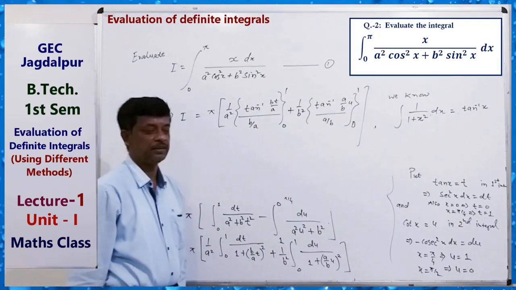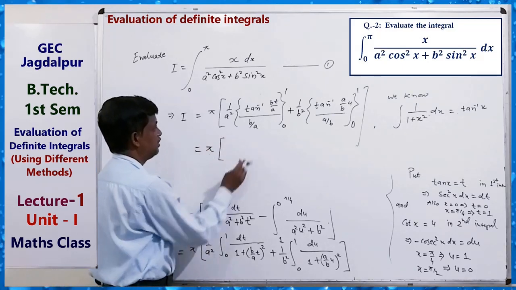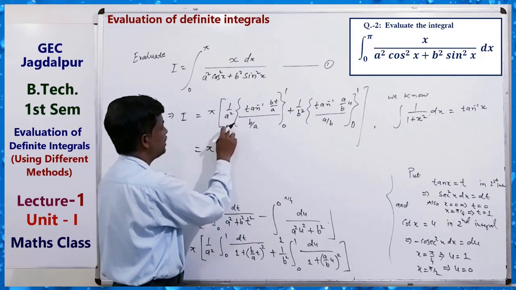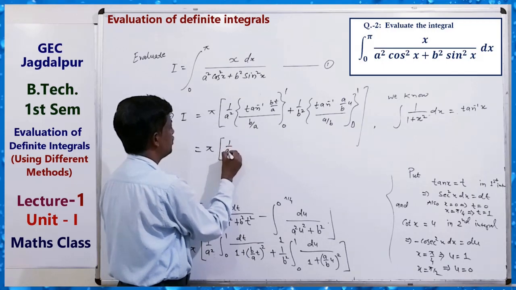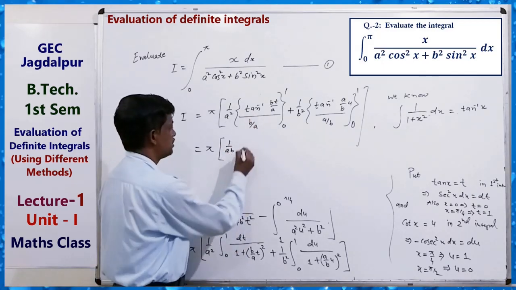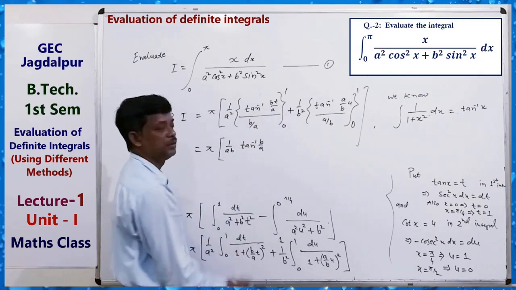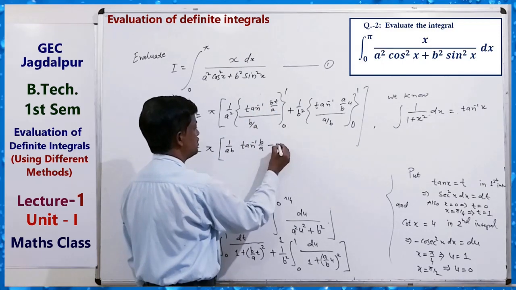Now you can get the result. 1 by a, 1 a cancels, 1 upon ab, and tan inverse b by a by putting 1 and 0, minus 0.